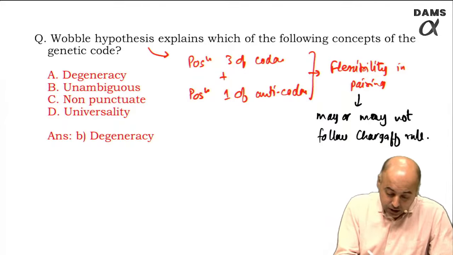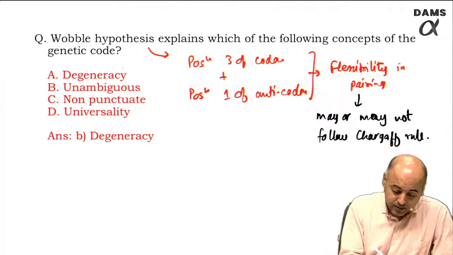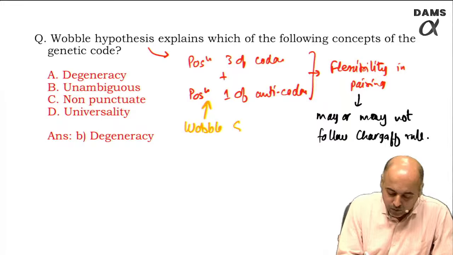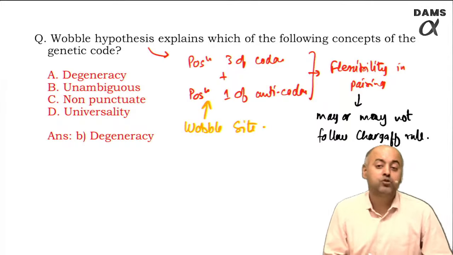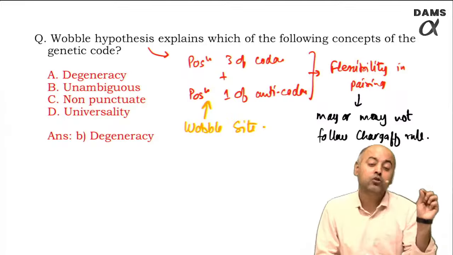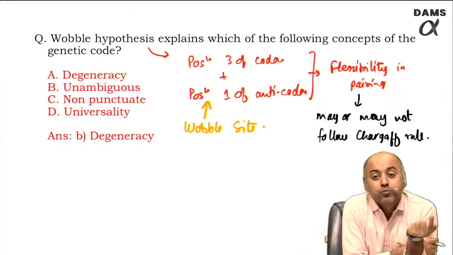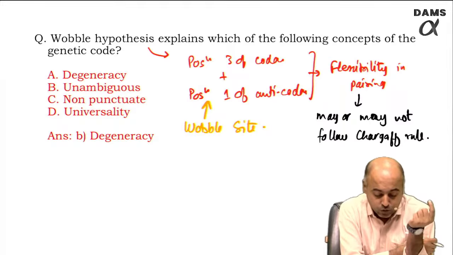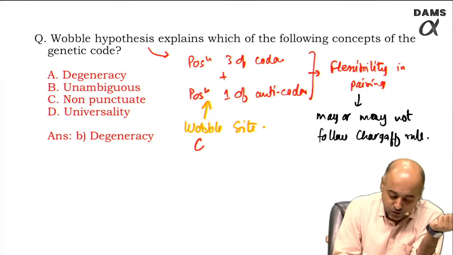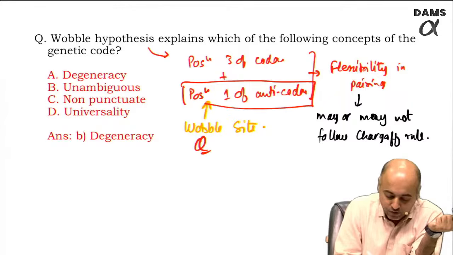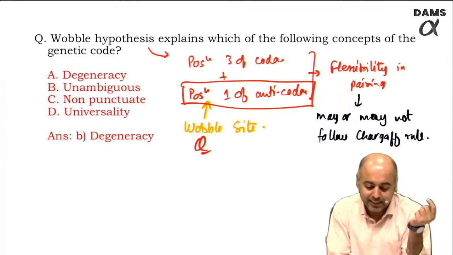And the wobble site is actually the position 1 of anticodon. So the same nucleotide on position 1 can pair up with two different nucleotides on position 3 of the codon. So wobble site is one question. You have to remember, wobble site is position 1 of anticodon. Wobble phenomena, that is flexibility in pairing.